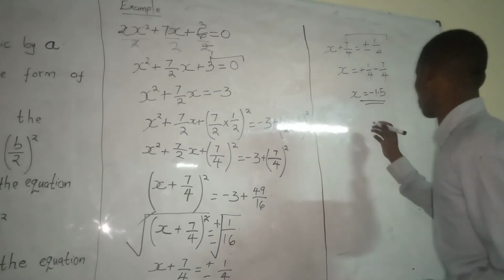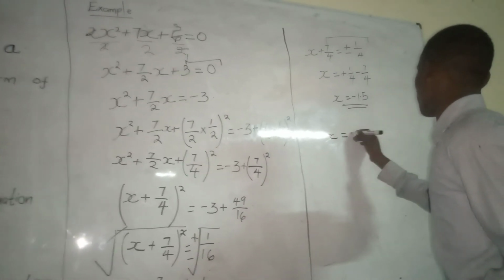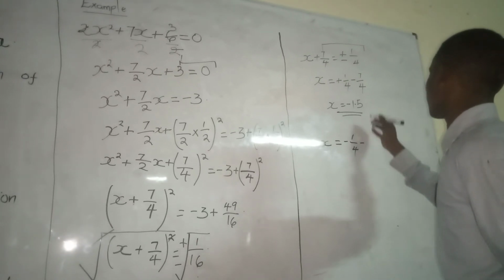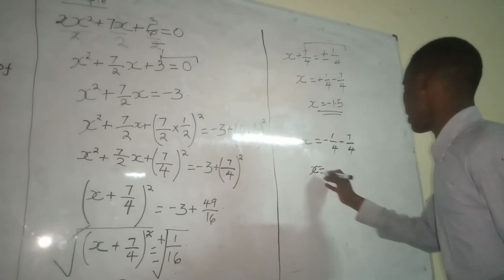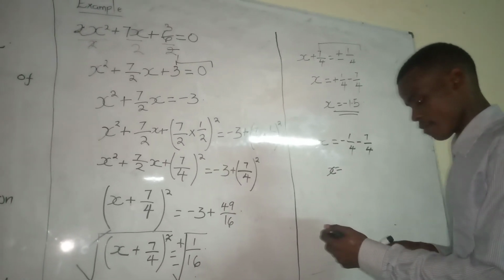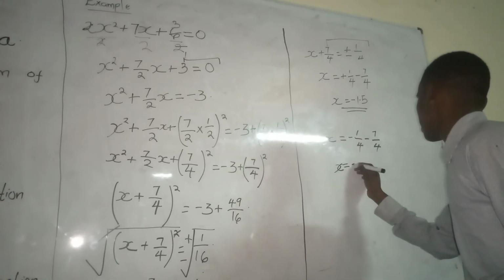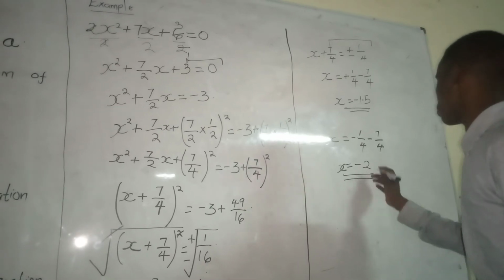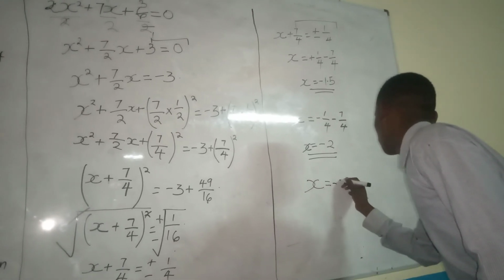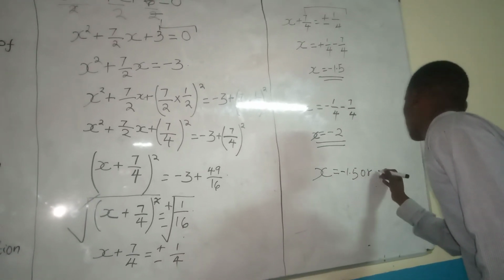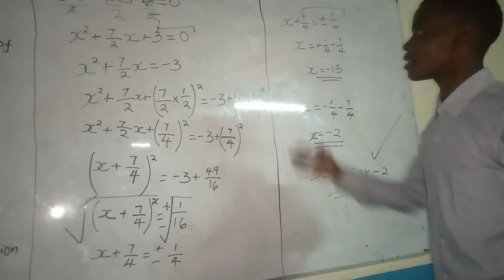Our second x we calculate using the negative, so x equals negative 1 over 4 minus 7 over 4. So our answer will be negative 2. So x equals negative 1.5 or negative 2. So this is our answer in this question.